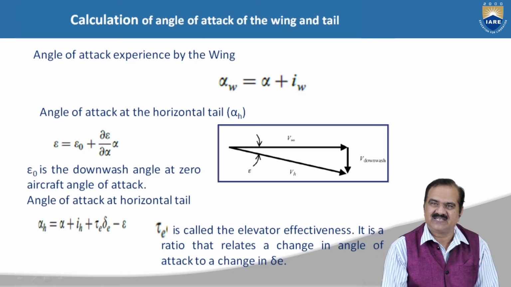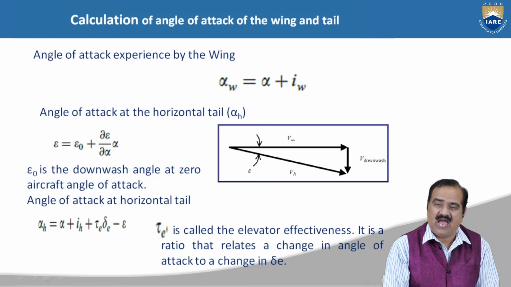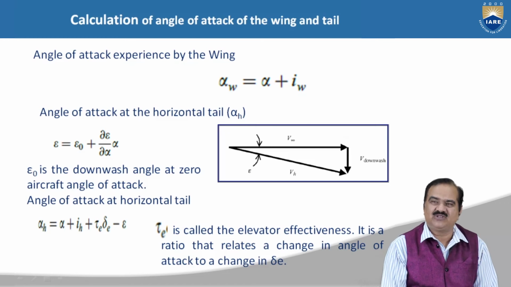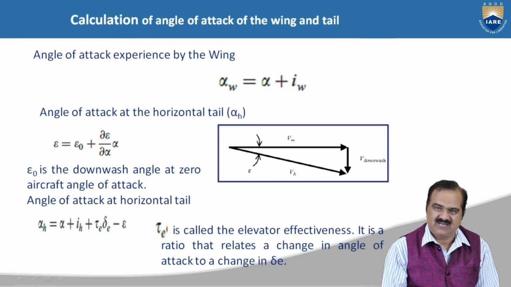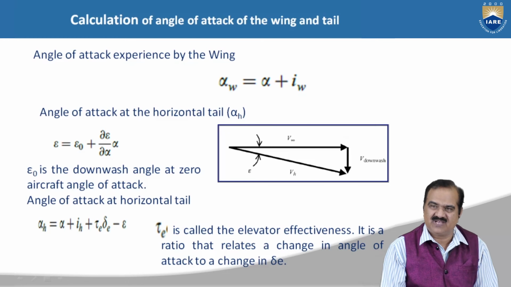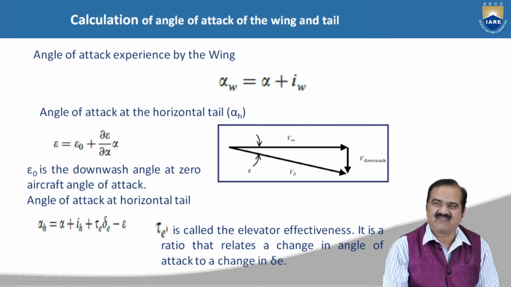I think we know that the tail is behind the wing and there will be a lot of downwash. So I have shown here in the diagram how the angle of the tail plane varies with respect to the aircraft angle of attack. In this figure, V infinity is the relative wind or the free stream velocity of the wind, and here is V downwash, and here we get VH.